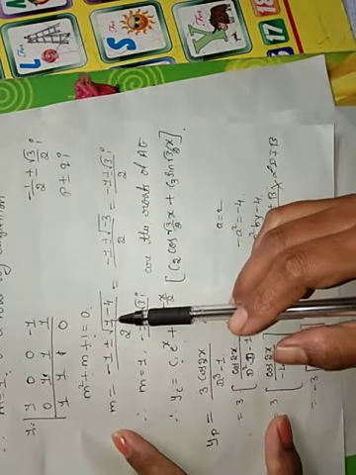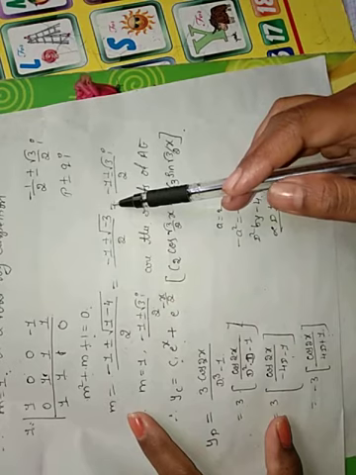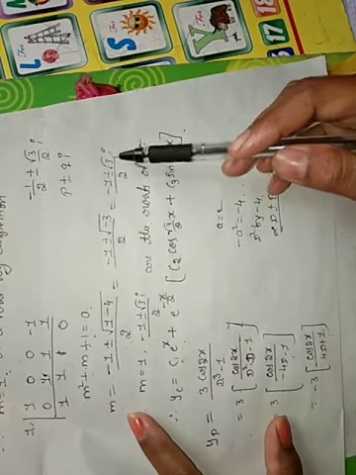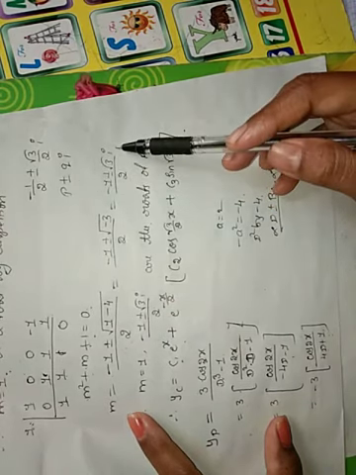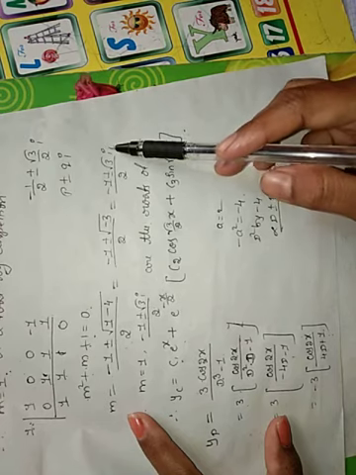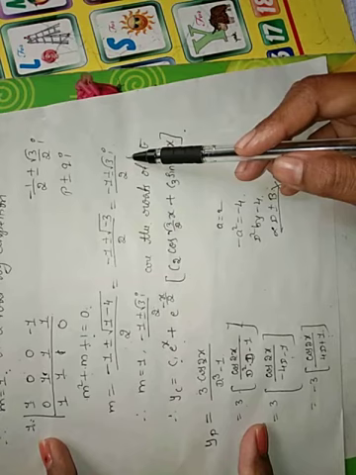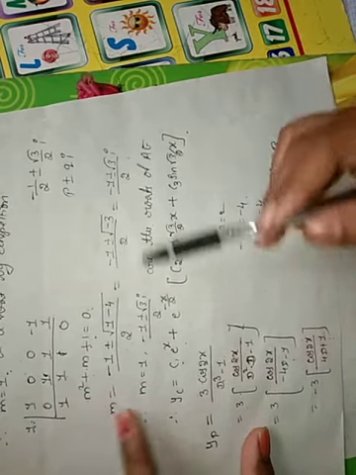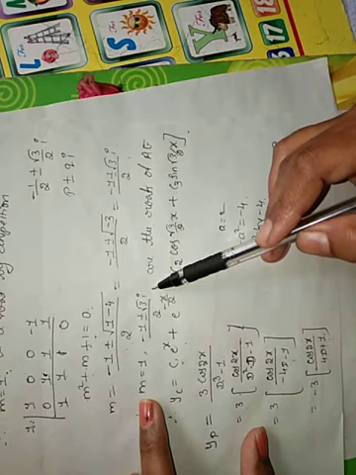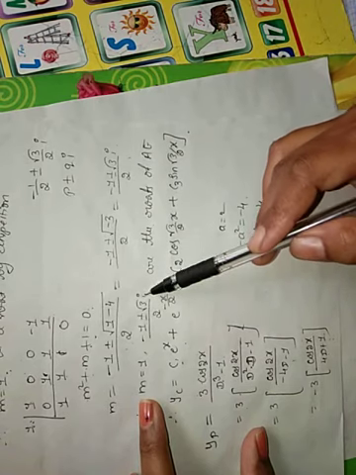When we use it, we get the roots minus 1 plus or minus root 3 by 2 into i. So one is m equal to 1, and the others are minus 1 plus or minus root 3 by 2i.